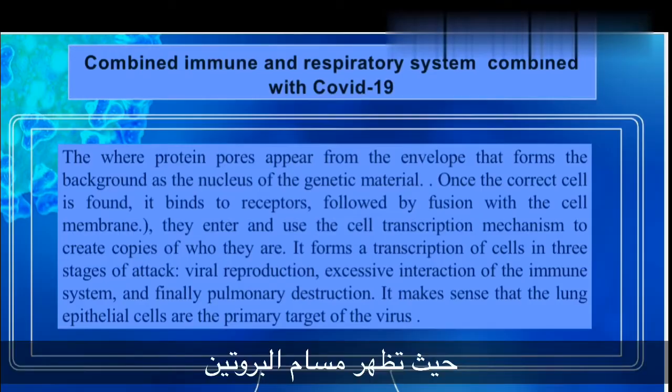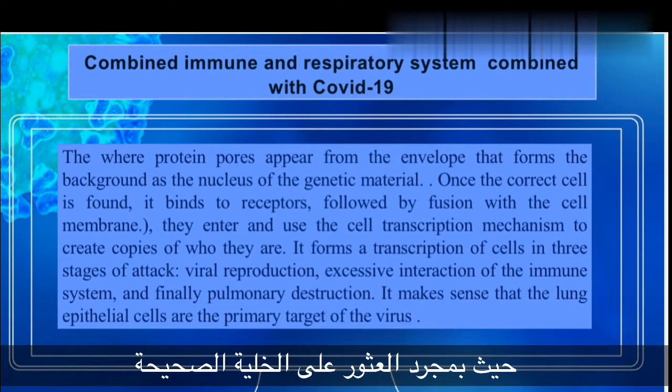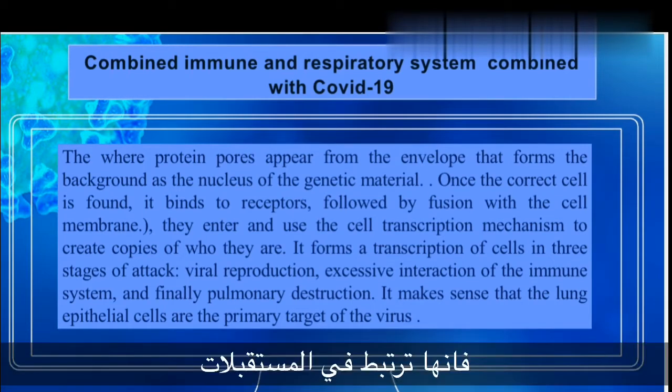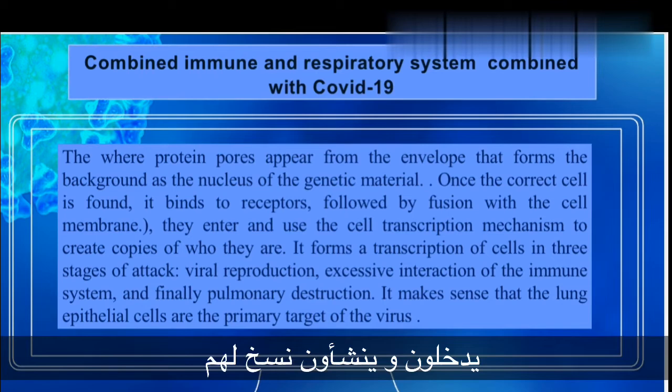Protein spikes appear from the envelope that forms the background, with the nucleus holding the genetic material. Once the correct cell is found, it binds to the receptor followed by fusion with the cell membrane. They enter and use the cell transcription machinery to create copies of themselves.